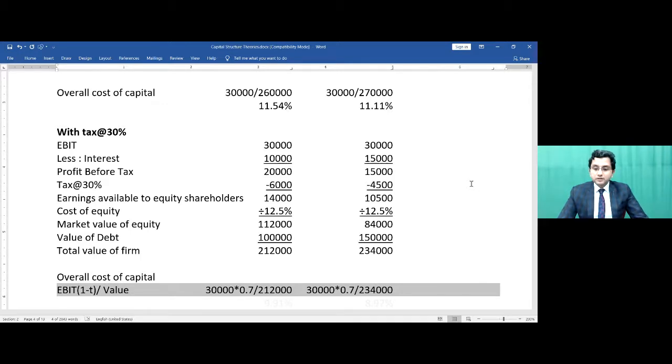Tax rate is 30%. So it is 30,000 into 0.7 divided by value of firm 2,12,000. In the second case, it is 30,000 into 0.7 divided by 2,34,000.